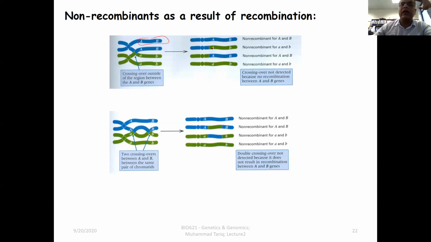They are far away from the point where recombination took place, and you will be confused and say zero recombination took place. Same is here. So you have, for example, capital A B, and recombination took place between A and B just at this point, and the gametes are non-recombinant, but actually recombination took place.